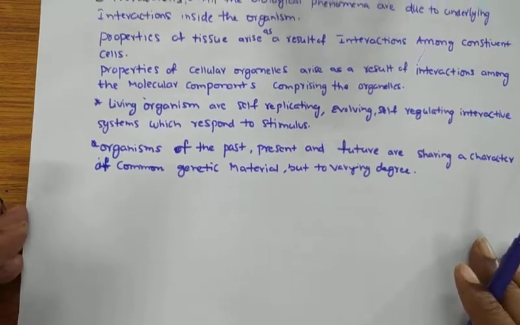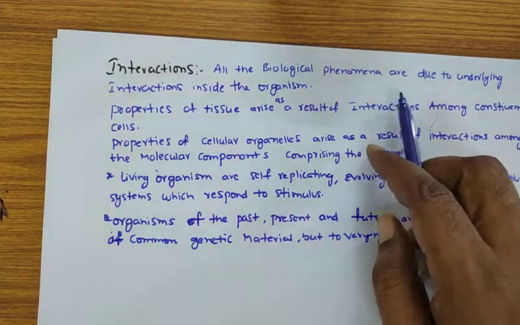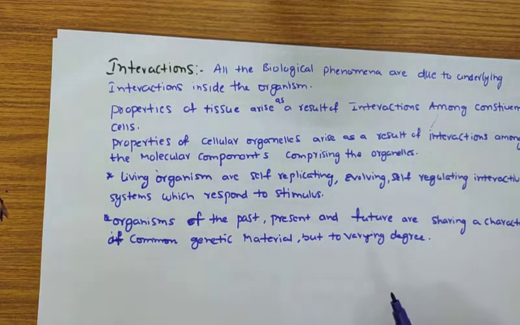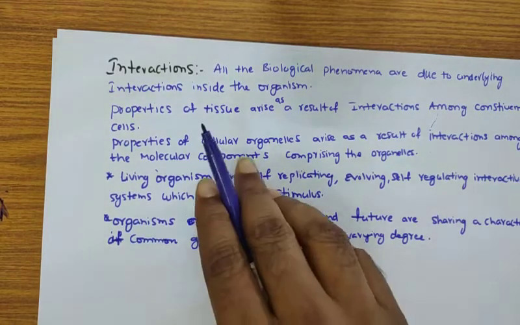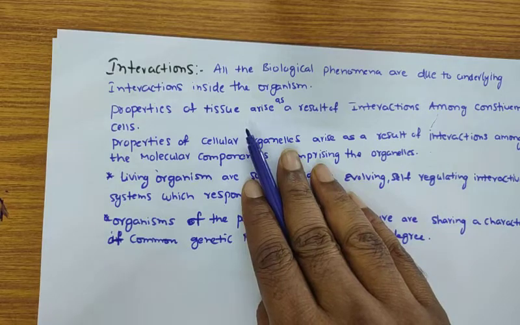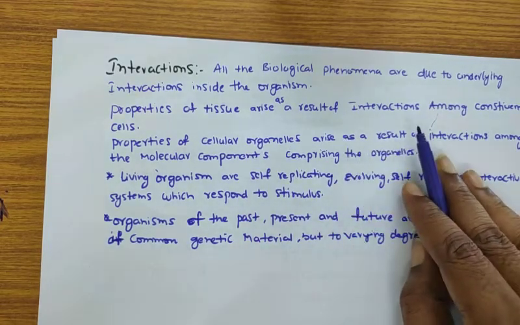Then the discussion about interactions. All the biological phenomena are due to underlying interactions inside the organisms. It is very, very important. The properties of tissues clearly arise as a result of interactions among constituent cells.